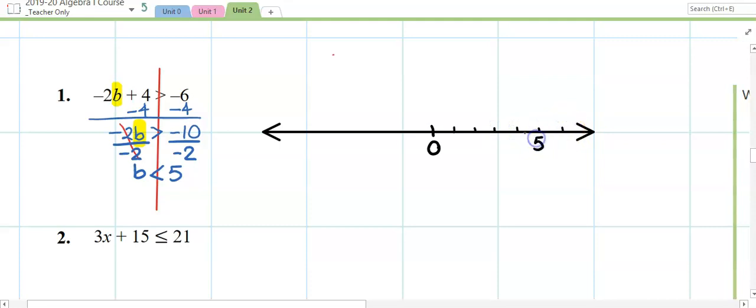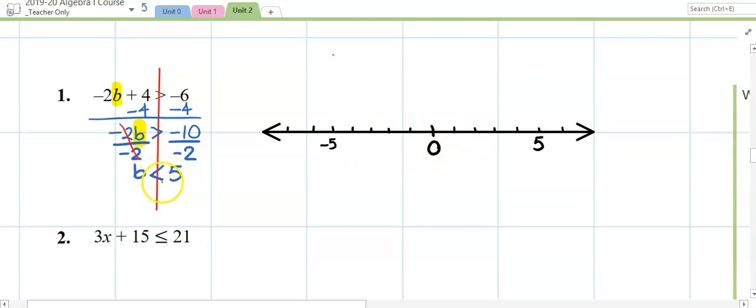So here's 5. Going the other direction, you could call this negative 1, 2, 3, 4, negative 5. Just have a few numbers on your number line so you understand where we are in the graph.